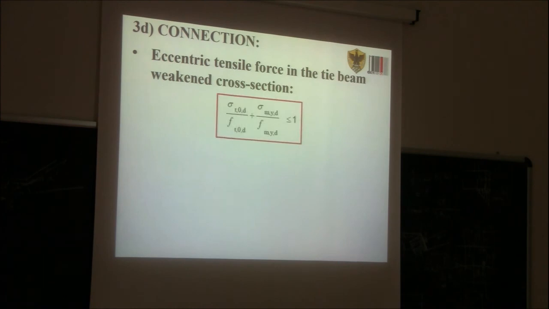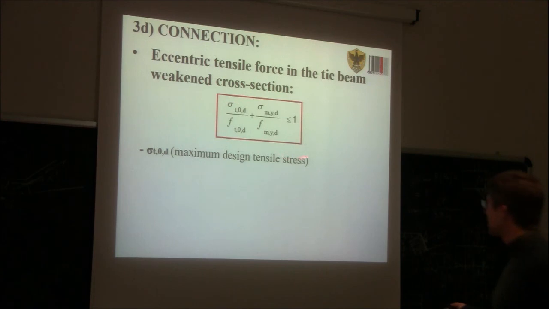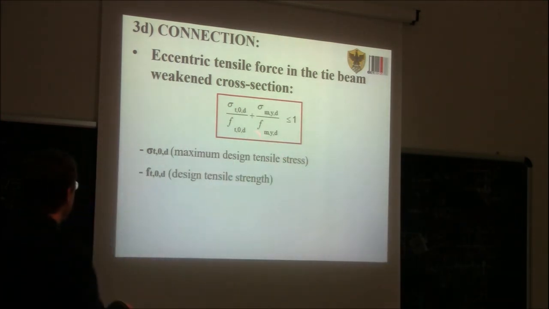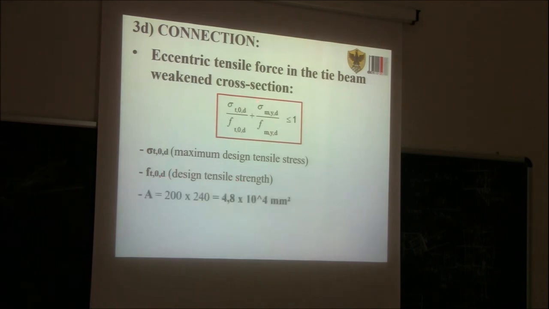So for members loaded in coupled tension and bending, we use again this linear interaction relationship. So we need to calculate the maximum design tensile stress due to axial force, compare it with the design tensile strength, and sum to this ratio the ratio between the pure bending stress and the bending strength.